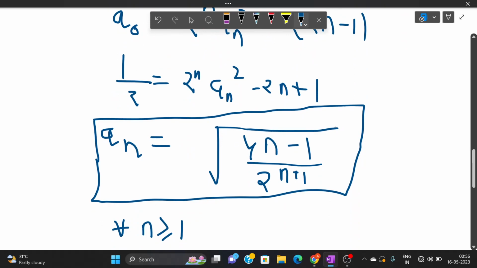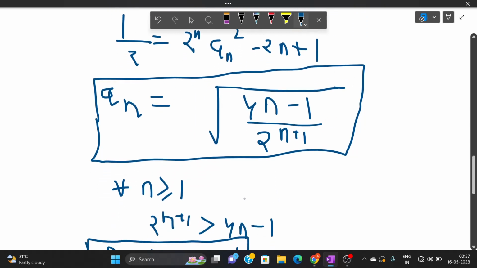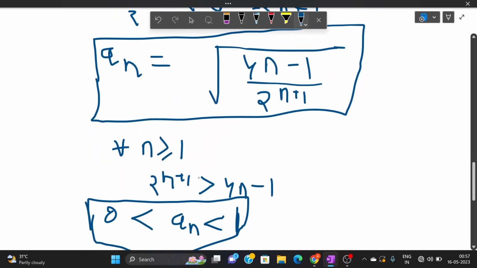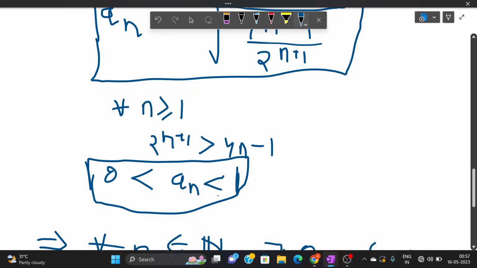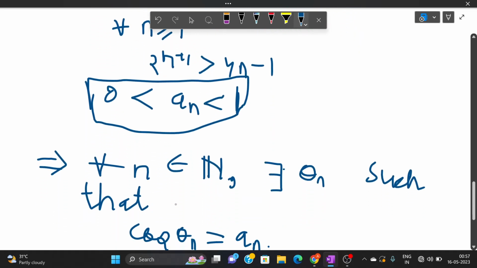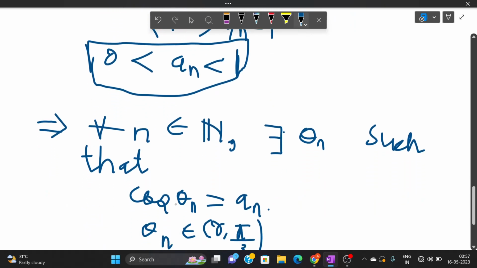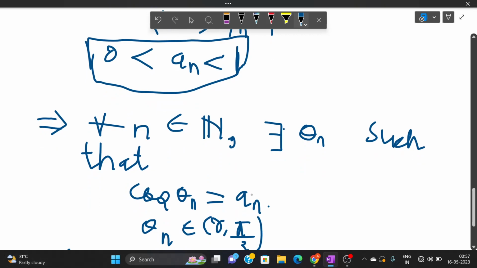So I have the value of a n in terms of n, and this relation is true for all n greater than or equal to 1, not for n equal to 0, since the value of a naught is explicitly defined. For all n greater than or equal to 1, we have 2 to the power n plus 1 greater than 4n minus 1. So I have 0 less than a n less than 1. So now I can say that for all n belonging to natural numbers, there exists theta n such that cos theta n is equal to a n, and theta n belongs to 0 comma pi by 2.